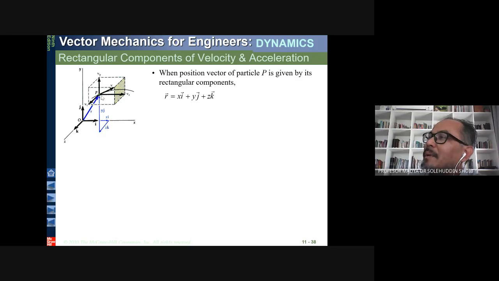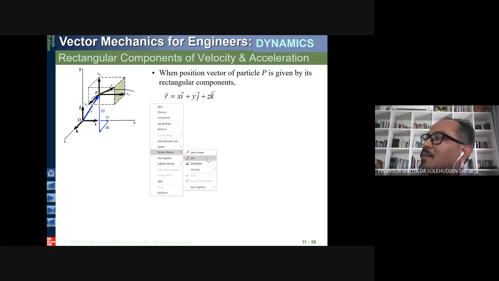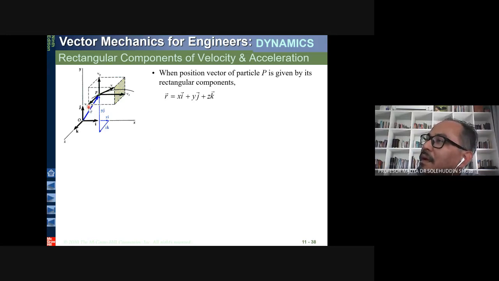We have particle P, which moves along this path, and we can obtain the position vector of this particle by its rectangular components.